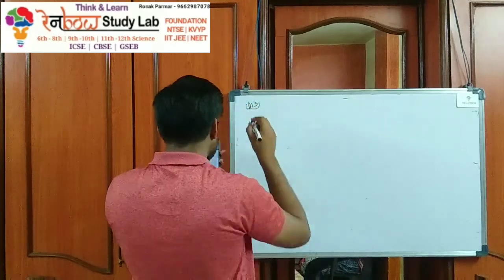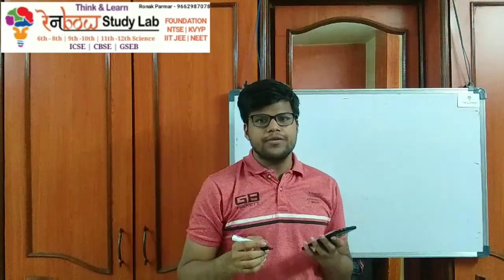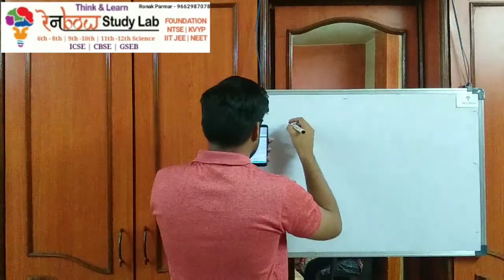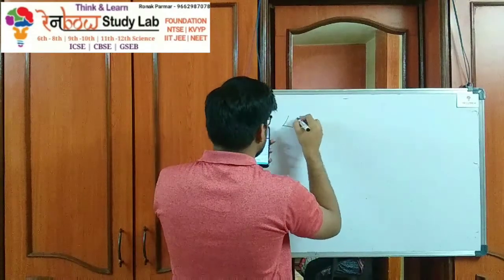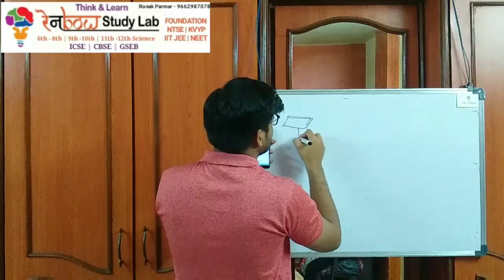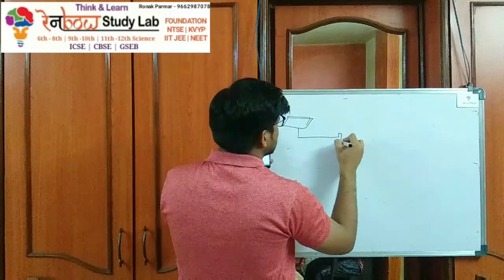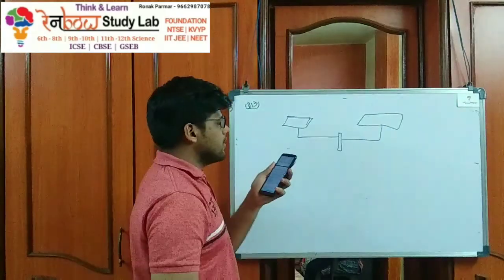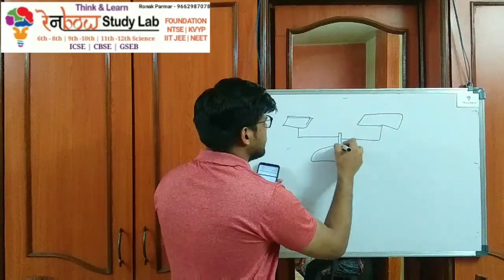A physical balance has its arms. What do you mean by physical balance? The tarazu. Physical balance is having two arms like this. This is a rough diagram. This is the physical balance I am having.